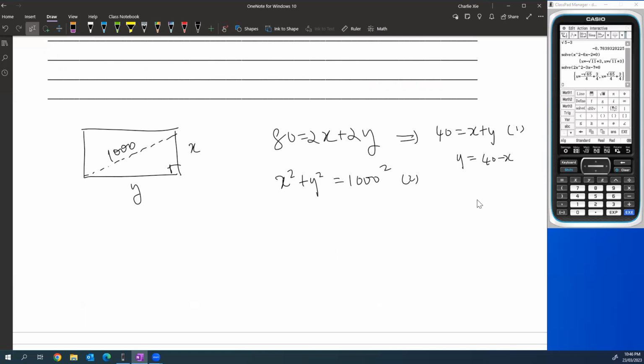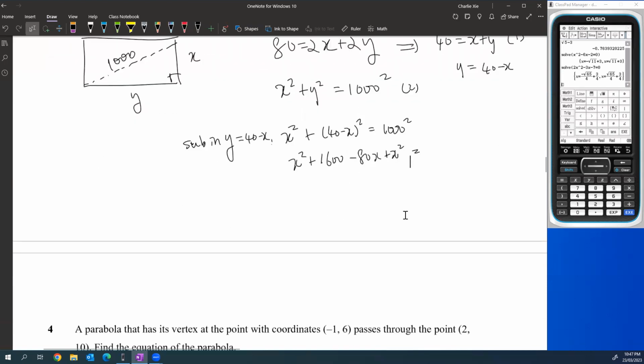So you're substituting y equals 40 minus x into the second equation, we have x squared plus (40 minus x) squared equals 1000 squared. Now let's expand the bracket. x squared plus 40 squared, which is 1600, minus 80x plus x squared equals 1000 squared.